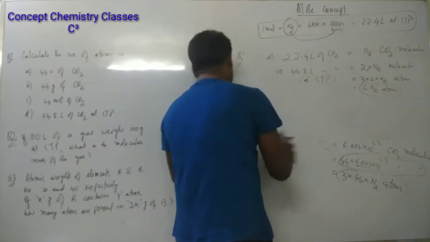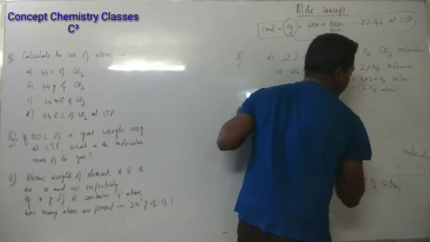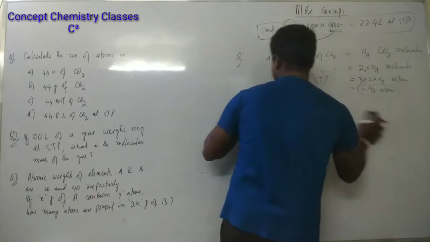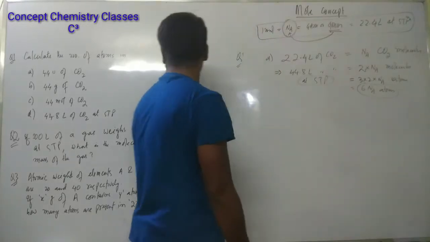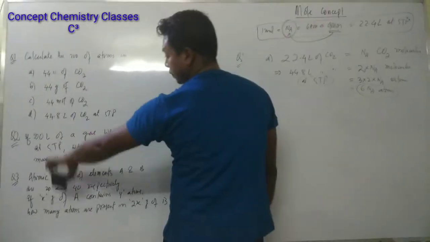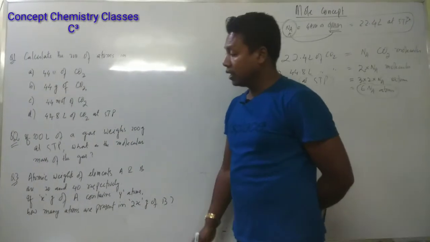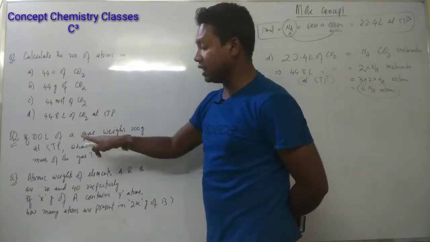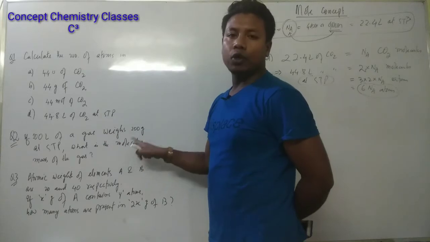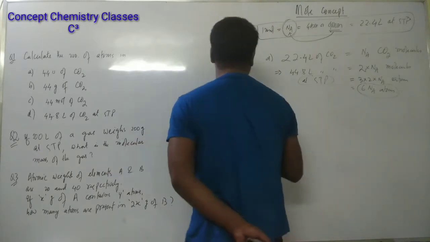Okay, now let us go to the second question. Second question is, if 100 liters of the gas weighs 200 gram at STP, what is the molecular mass of the gas?